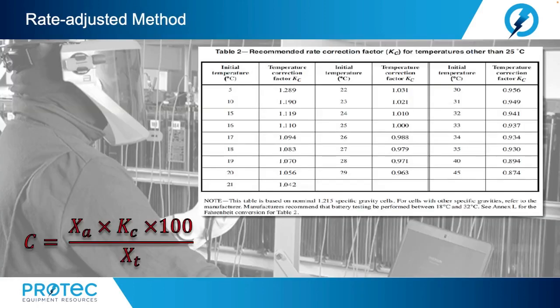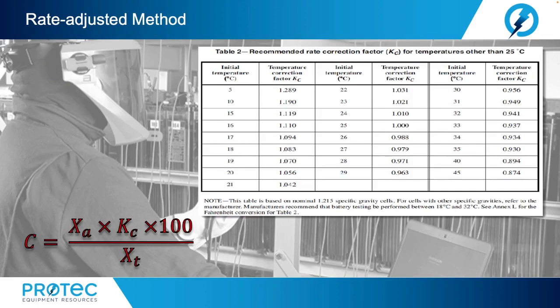Alright, now let's take a look at the rate-adjusted method. The time-adjusted method is acceptable to use when discharge times are greater than 1 hour. The time-adjusted method does not take into account changes in battery efficiency with discharge time. As a battery is discharged in a shorter period of time, it loses efficiency.